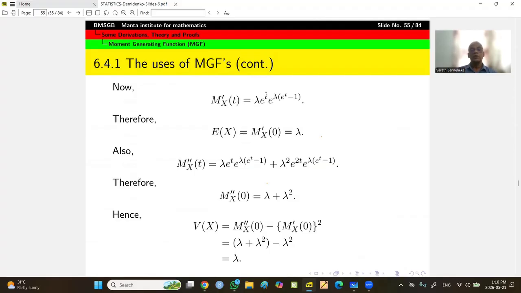So when you put t equal to 0, this thing becomes 1, this thing becomes 1, this thing becomes lambda. In order to get the expected value of x square, you have to take the second derivative. So see the second derivative and then put t equal to 0 to get the expected value of x square.